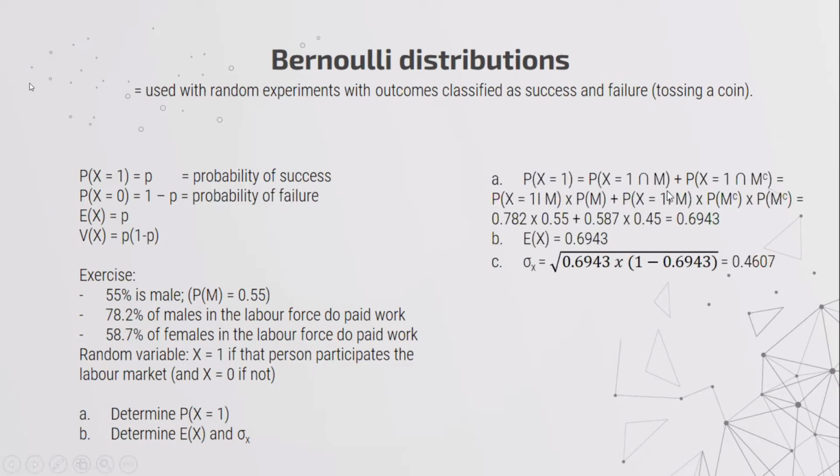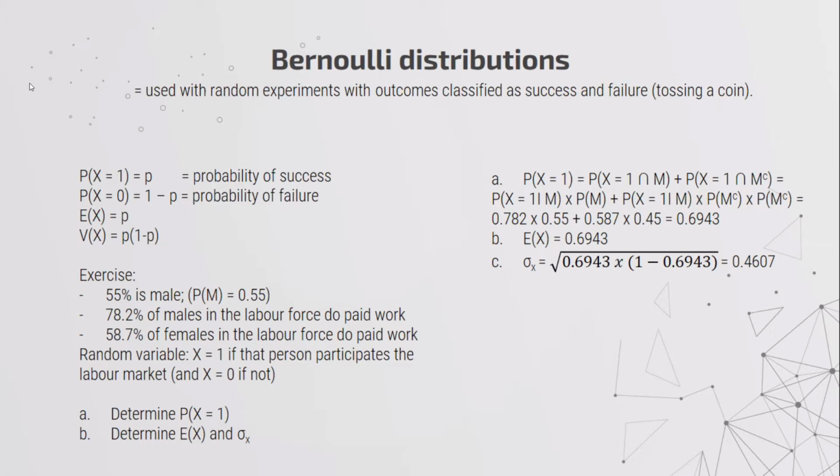The first part is having only males doing paid work. So that is X1 intersection with men, which is already given here. And then the women that do paid work, but here we have to find M complement, because if it's not men, it's a woman. There is no third choice for that.